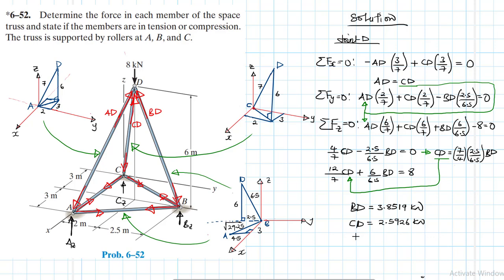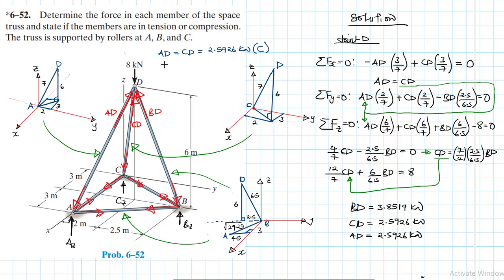Since CD is equal to AD, therefore our AD is also equal to 2.5926 kilonewtons. So we found the three. We have AD equal to CD equal to 2.5926 kilonewtons, and this one is in compression.